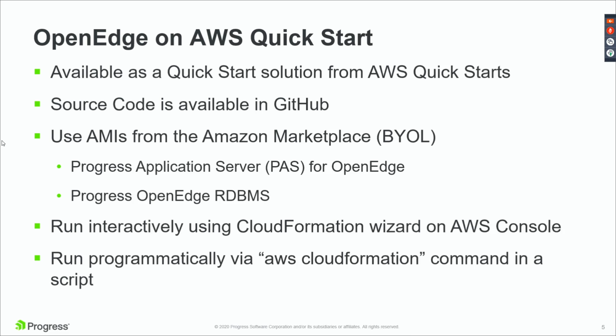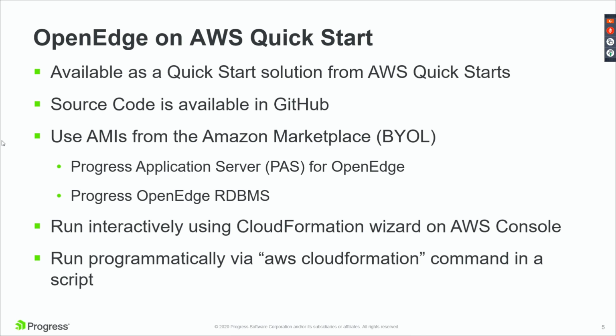And we have developed one for OpenEdge. The source code of the Quick Start is available in GitHub, which means that you can browse the code and see how it is implemented. Maybe you can customize it to make your own version, or you can enhance it if you want to contribute to the code.